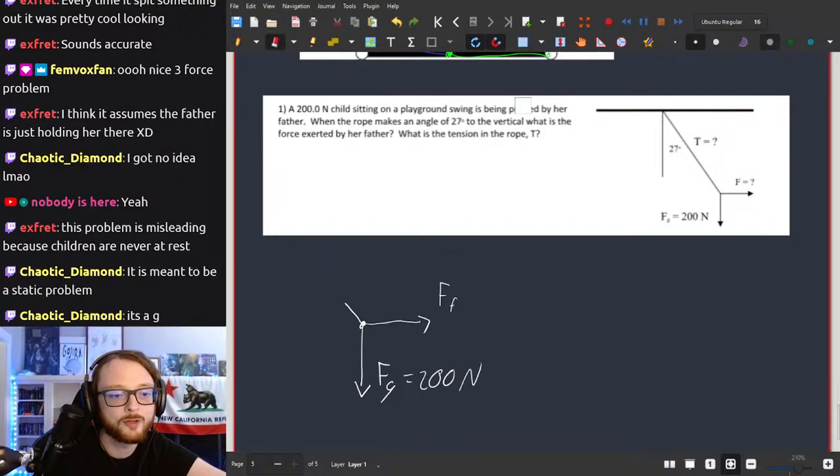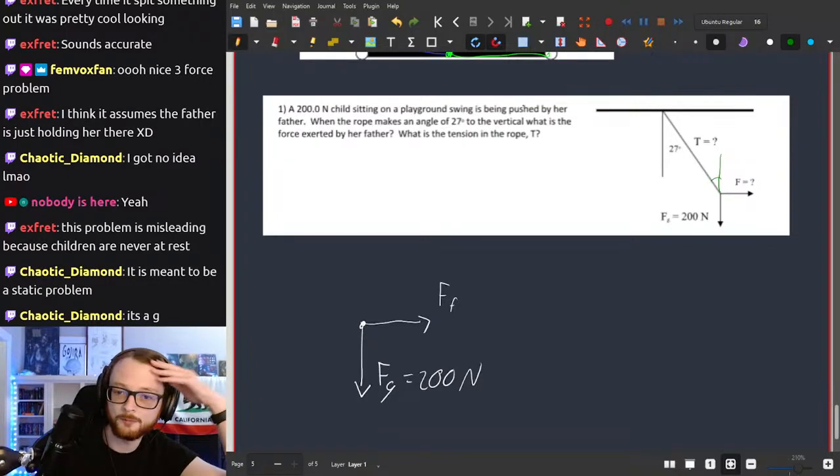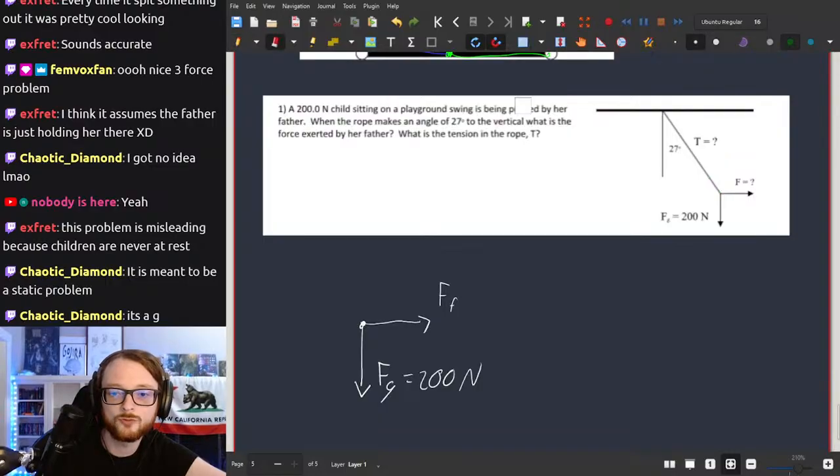It's not quite to scale, or the angle isn't quite right. If that angle is 27, then this angle here is also 27, right? Opposite interior angles or some geometry term like that.